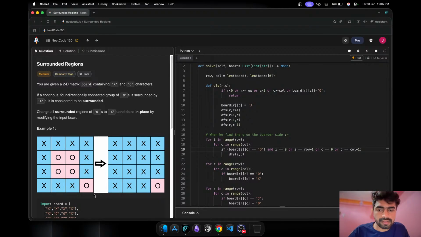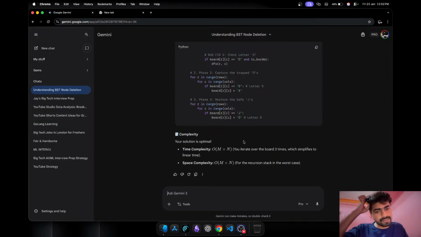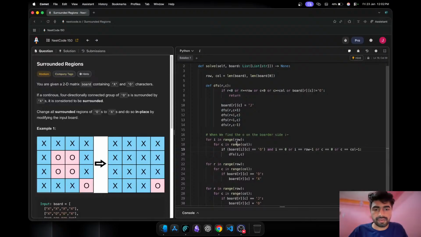One is this, to convert the O to J, second is this, where we have converted the connected O's to X, and the third time is this, where we convert J back to O. So big O of M times N, where M is the number of rows and N is the number of columns, and space is also the same, big O of M times N, for the recursion stack in the worst case.